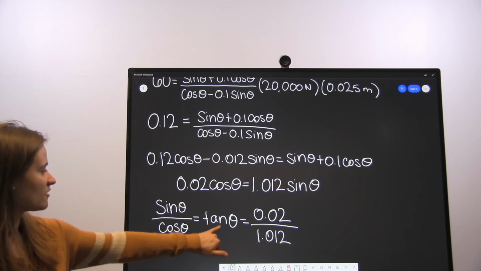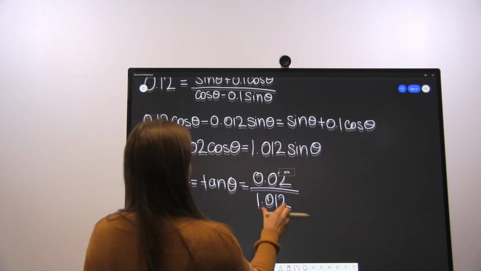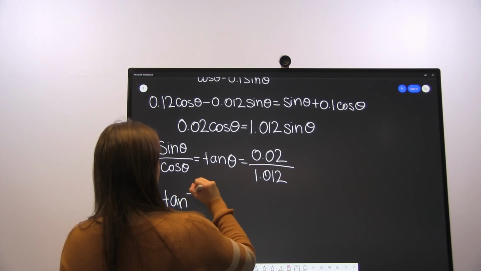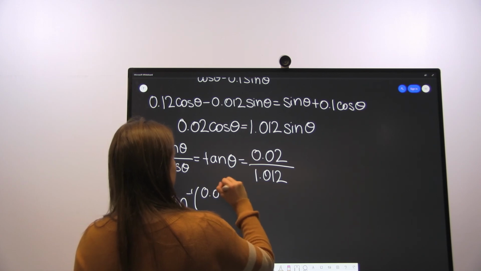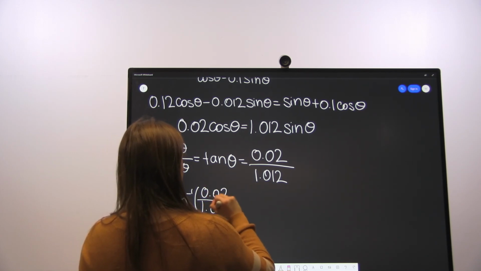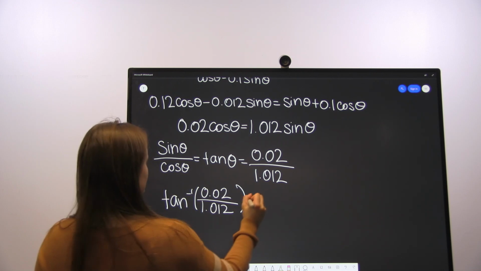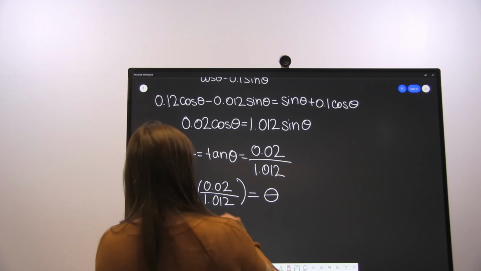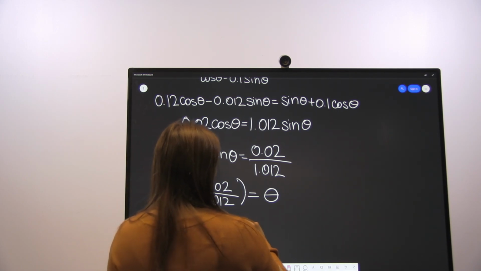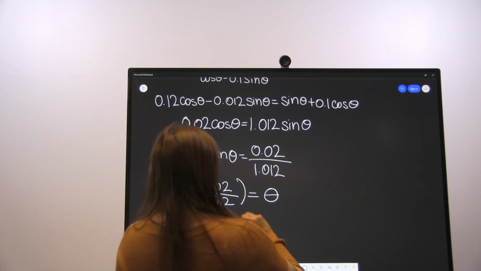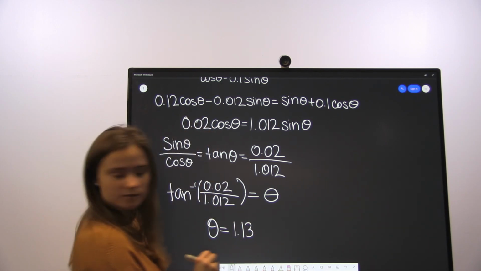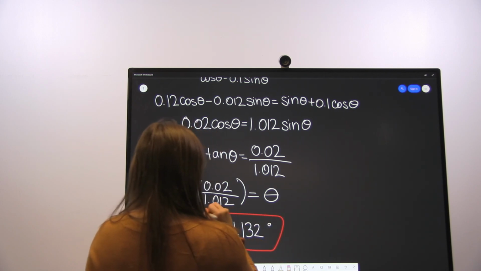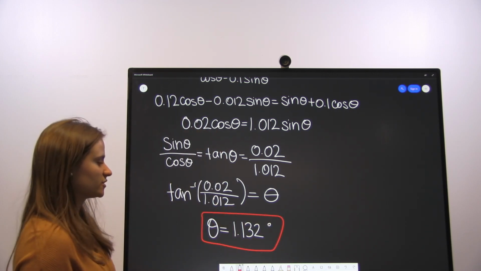And so now we're going to solve for theta, which to do that we just take the inverse tangent of 0.02 over 1.012, and this is going to be our theta, and we get that theta is equal to 1.132 degrees, and that is our solution for part B.